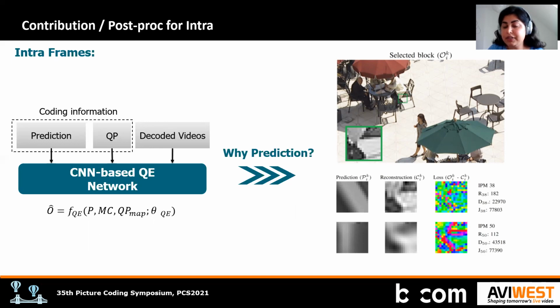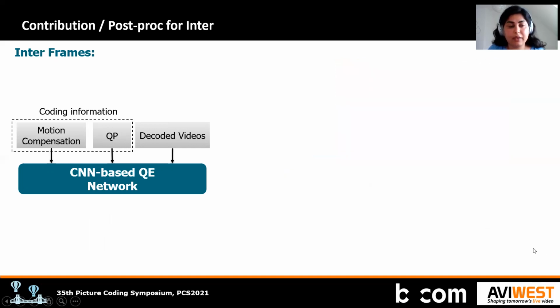You can also see here the rate distortion cost, which is very close for both. The values are very close to each other, but as you can see, the reconstructed blocks have totally different types of artifacts because they're coming from two different predictions. So we decided to feed the prediction information to the CNN network to improve the performance and remove the artifacts more effectively.